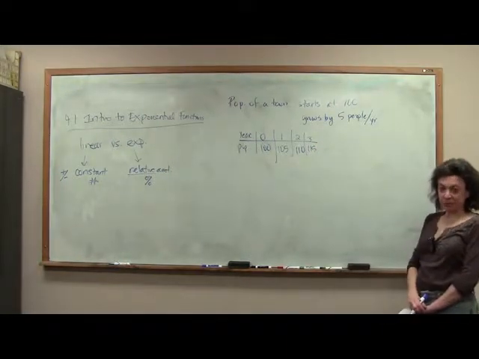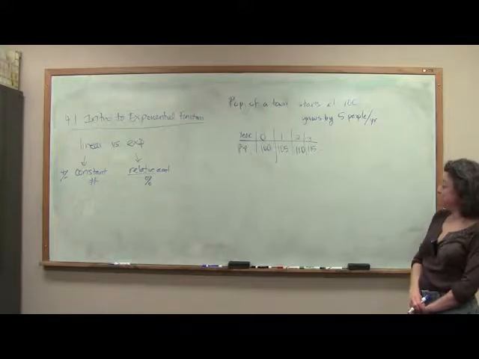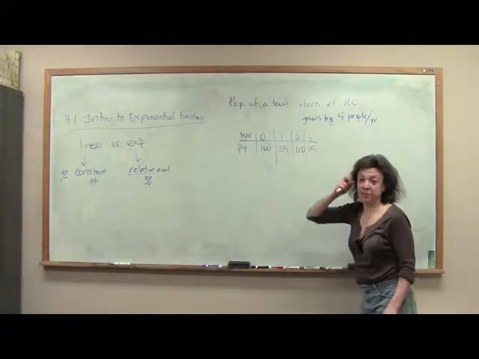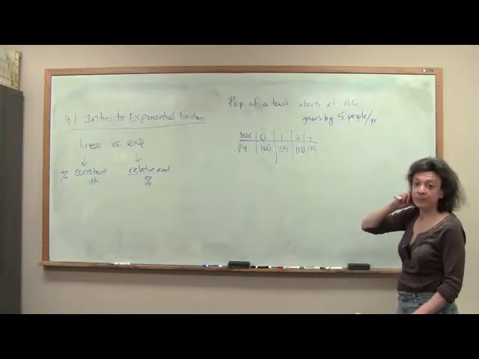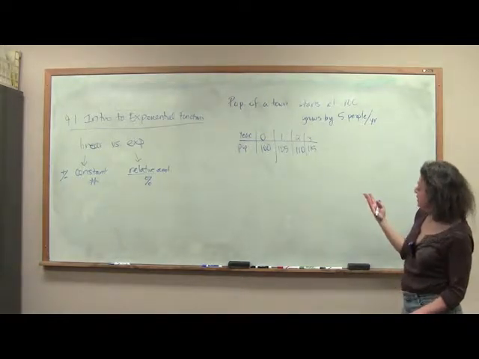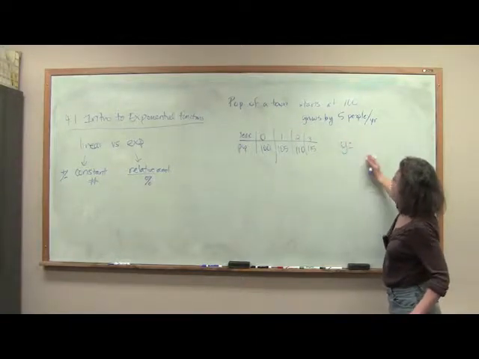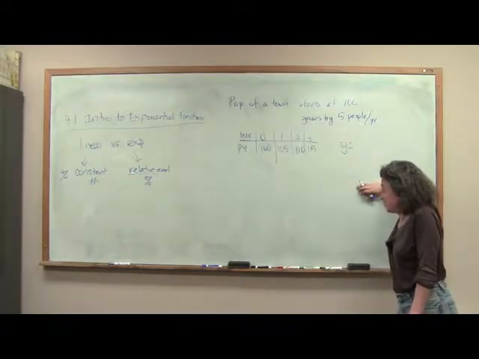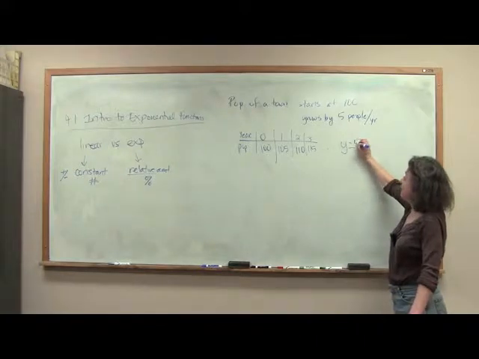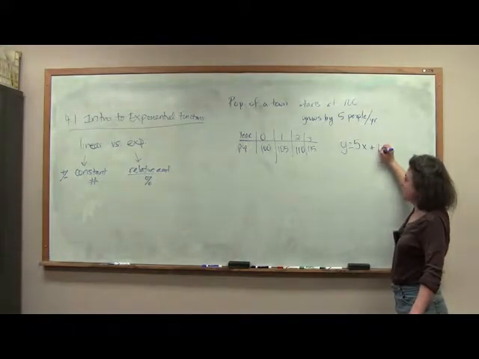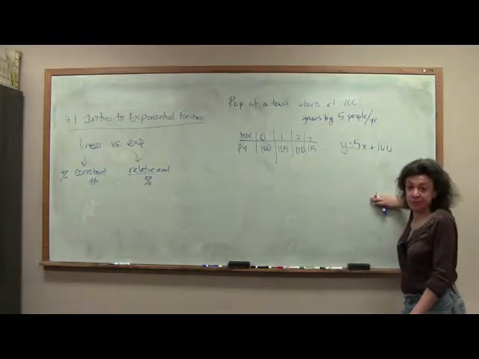So there's a table showing us how many people are in this town after 1 year, 2 years, 3 years, and we can keep going. In fact, this is a perfect example of a linear equation. Remember, your slope is how much it's growing by. So it's growing by 5 people per year, and your y-intercept is your initial value.